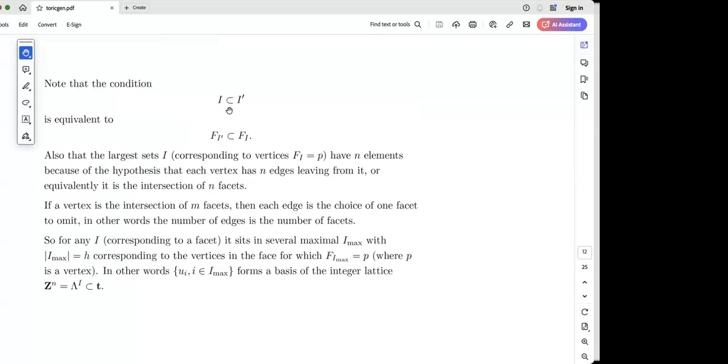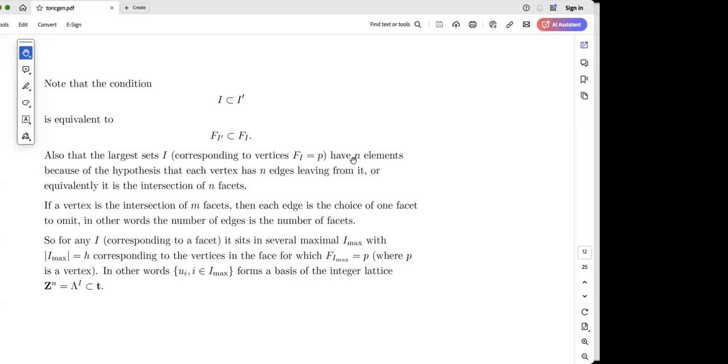Notice that the condition that this set of indexes I is a subset of I prime is equivalent to the corresponding inclusion of faces f sub I prime is contained in f sub I. Notice also that the largest sets I correspond to the vertices, f sub I equals a point.